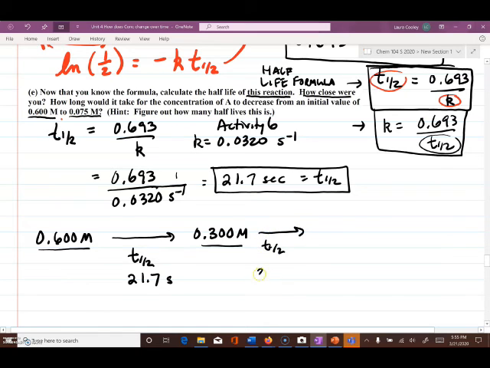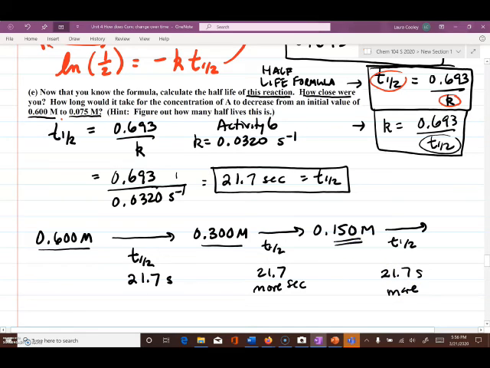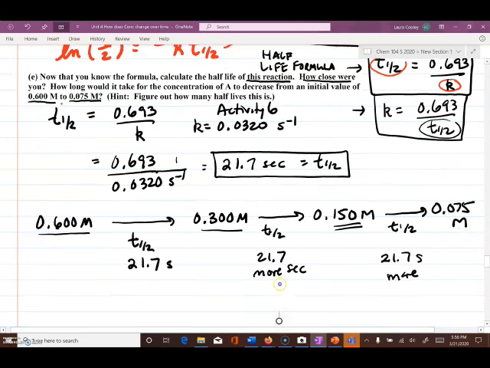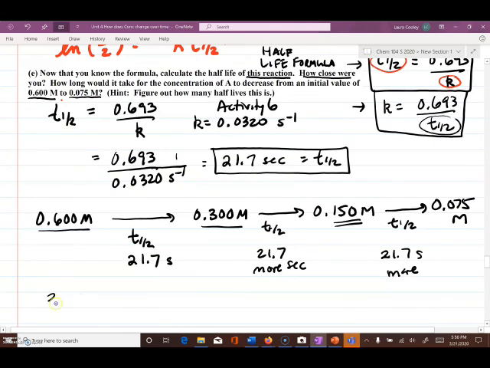Another 21.7 seconds, it'll go down to half of 0.3, which is 0.15. And in another half-life, it'll go down to half of this, which is 0.075 molar. And that's what we want. So the answer is 3 half-lives to get from 0.6 to 0.075 molar.